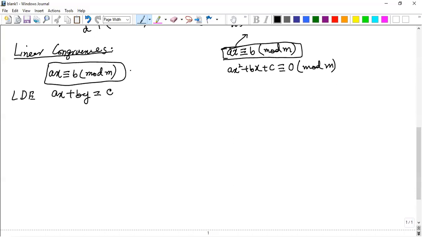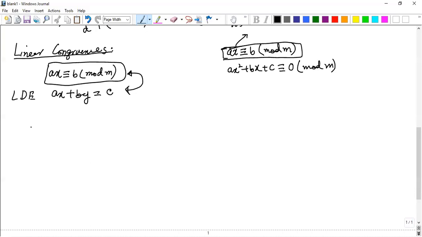It looks quite strange that a linear Diophantine equation has two variables x and y, while the linear congruence has only one variable x, but they are equivalent. So here we will see how we can convert a linear congruence into a linear Diophantine equation.